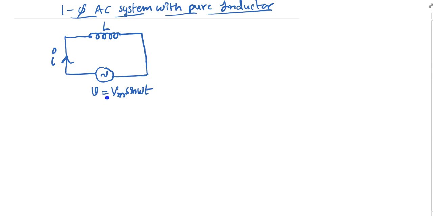So whenever this voltage is applied to the AC circuit, it is going to produce the current, and if this current flows through the inductive coil, or the inductor, then it is going to produce the flux.